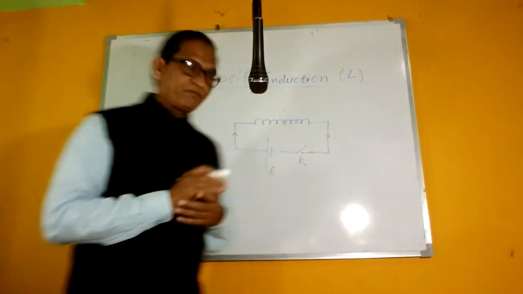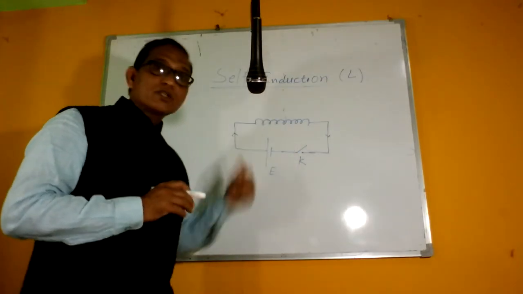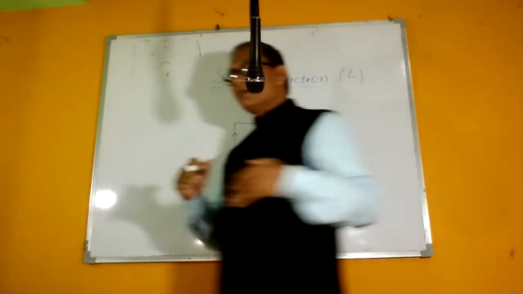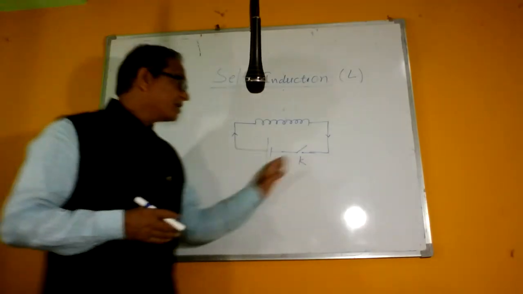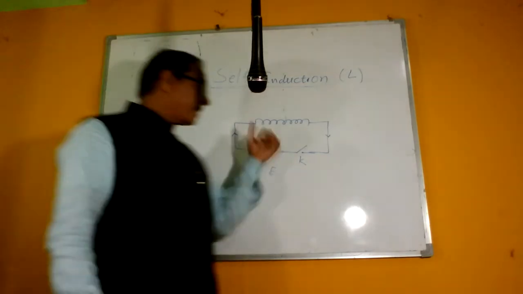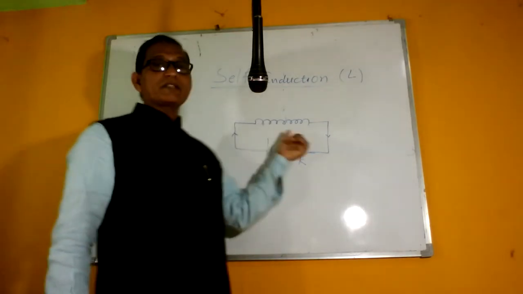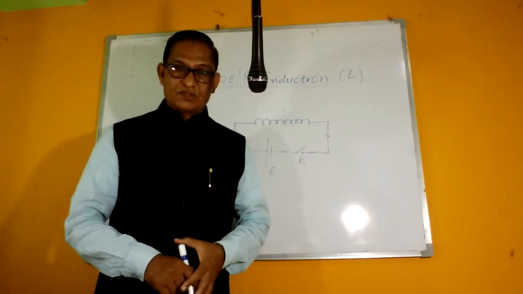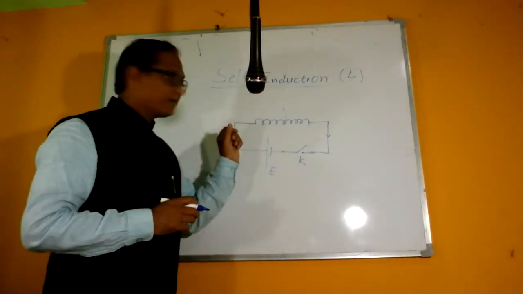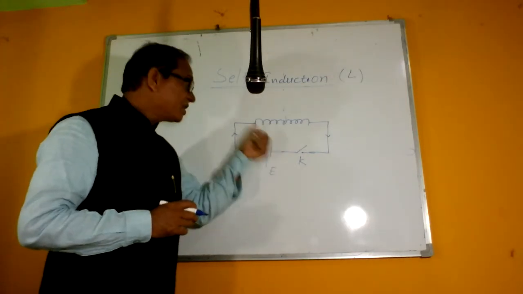The EMF produced in the coil is again opposing the change. While making the circuit, as the current develops, the EMF is continuously increasing. While breaking the circuit, the current decreases so the EMF also decreases, but it opposes the changes. Right?